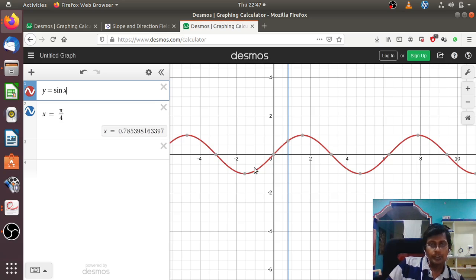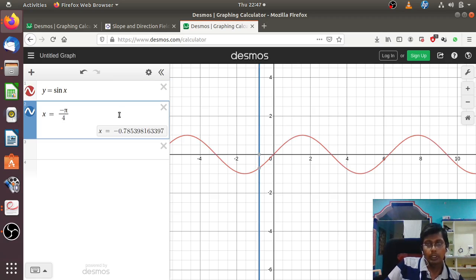And if we go to a negative value, let's say negative pi by 4, at this point x dot is negative, so x is going to decrease, going in this direction and approaching this point, which is minus pi.